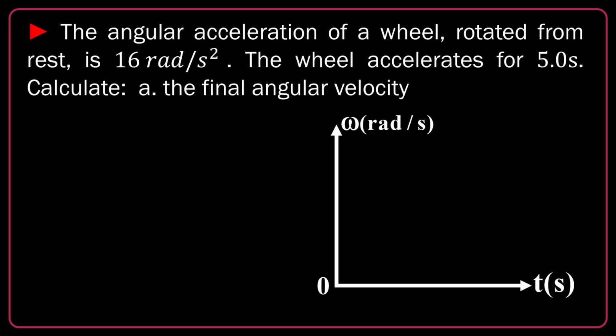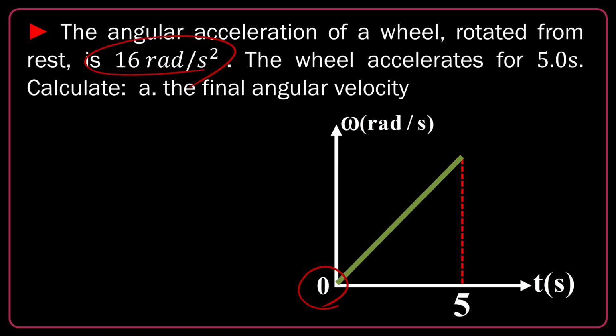It's very easy because all equations were extracted from the omega-t graph. It starts from rest, meaning it starts from 0, and then increases at a rate of 16 radian per second squared in 5 seconds. This means the slope of this graph, the rate of change of omega, is 16 radian per second squared.